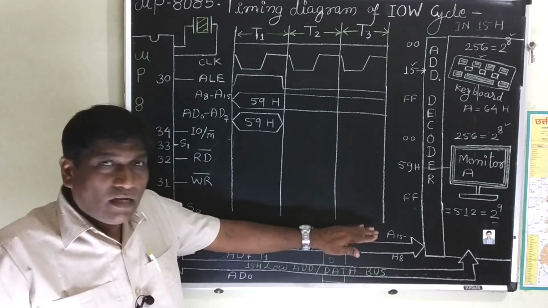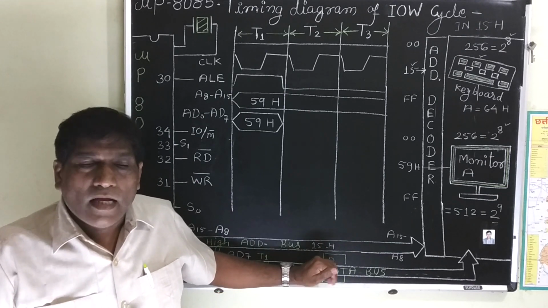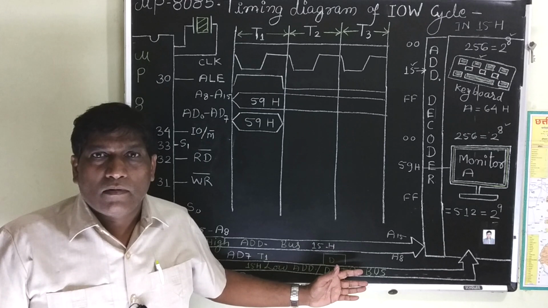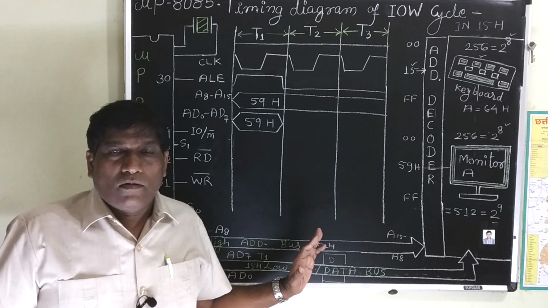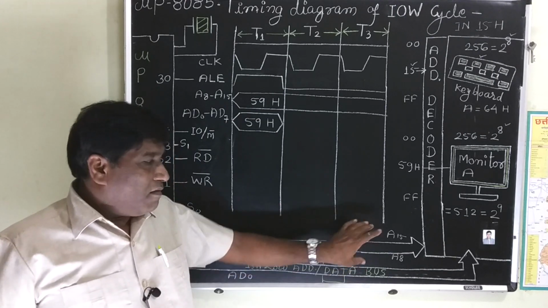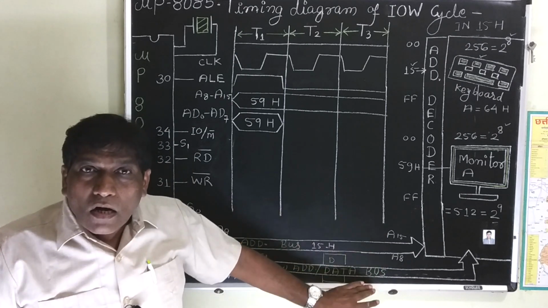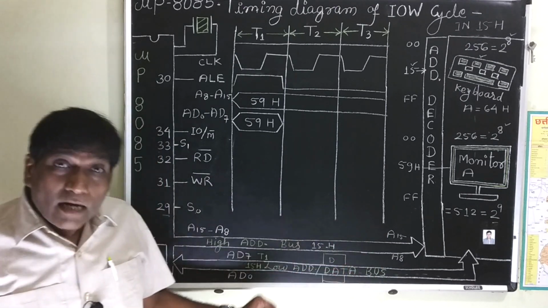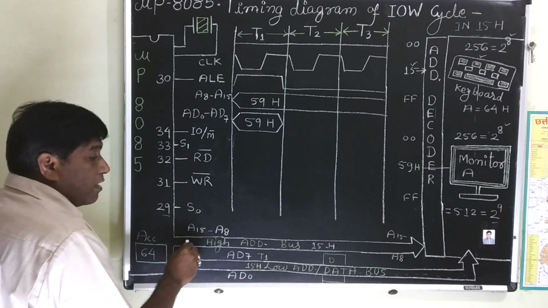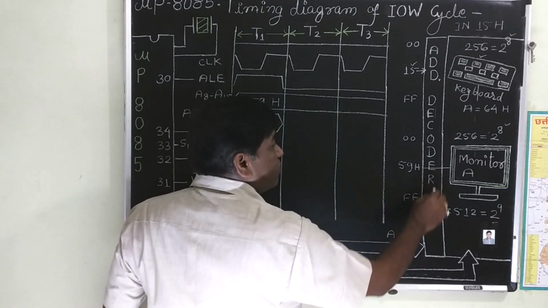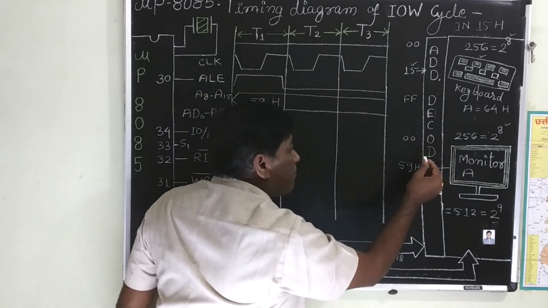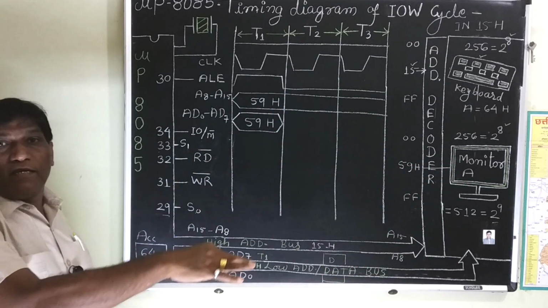Suppose we use 3 wires from here and the other 4 wires from here, no problem, it can be used. But generally we use higher order or lower order, and it is better for simplicity. As in the diagram also, I have drawn the higher order address fed to the address decoder, so that a particular location can be actuated.